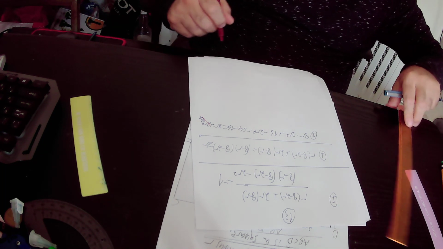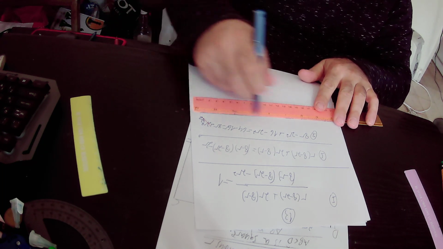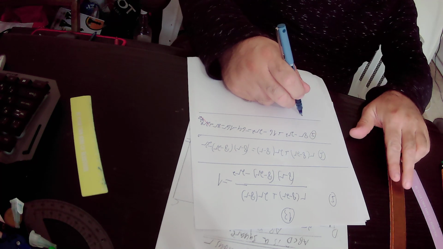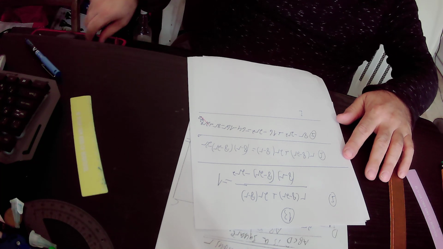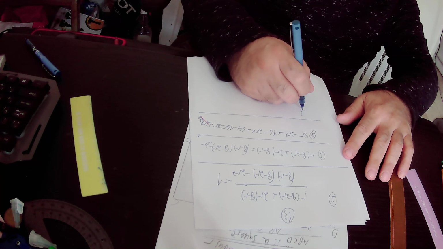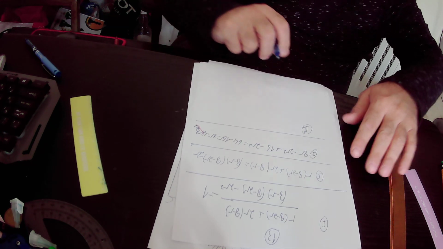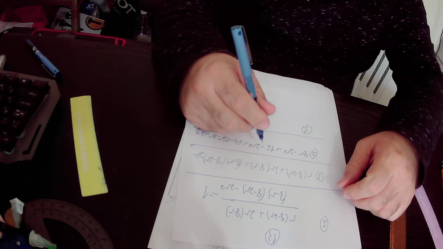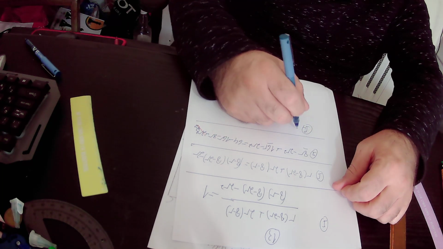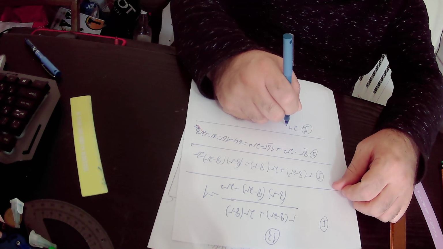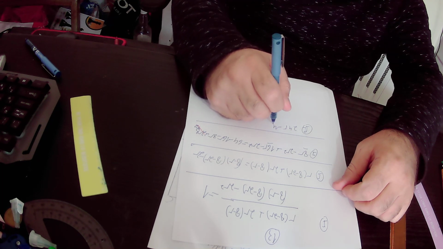What is left after we cancelled those two expressions is 8r plus 16r is 24r, minus 2r squared minus 2r squared is minus 4r squared.